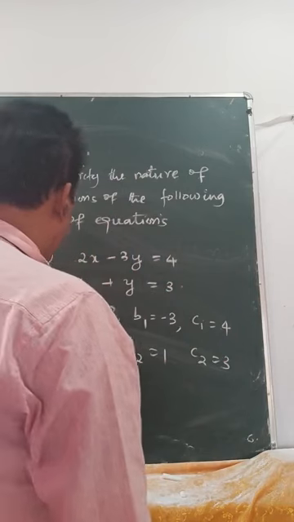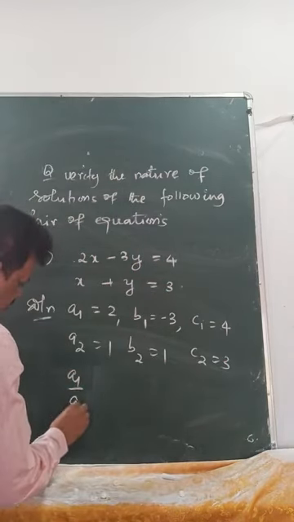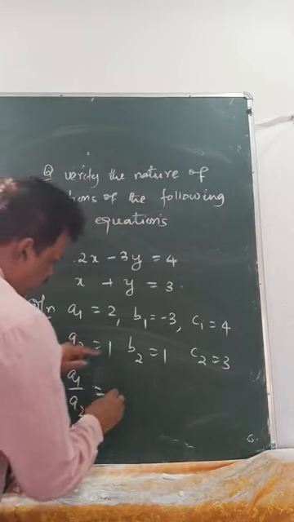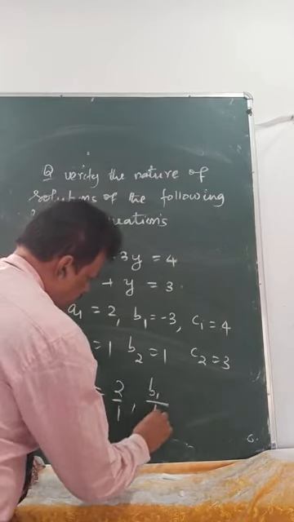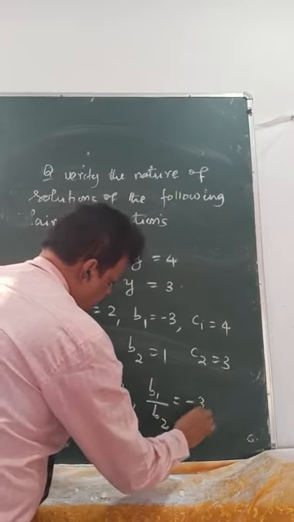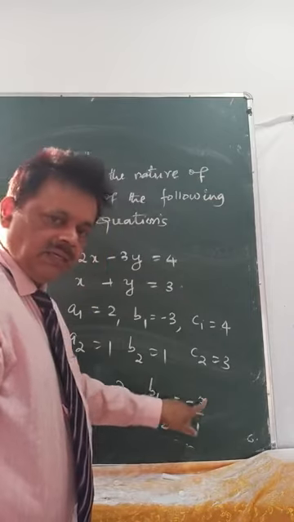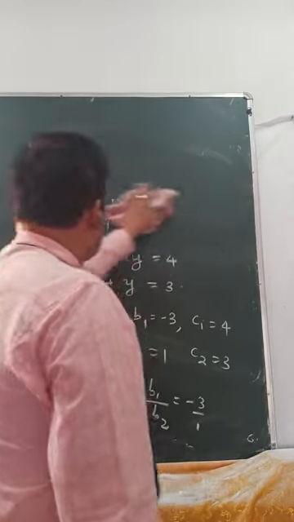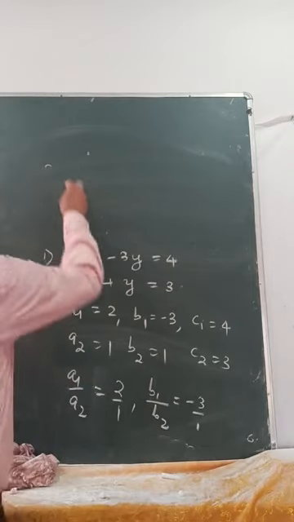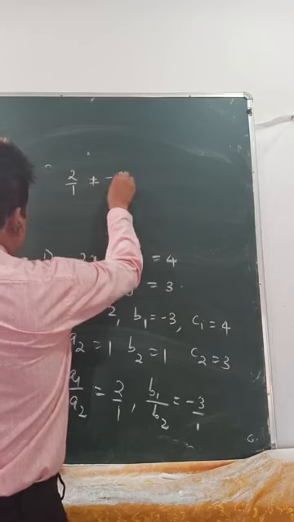So what do you get from here? Now what is a1 by a2? This is 2 by 1. What is b1 by b2? Minus 3 by 1. So look at here, 2 by 1 is not equal to minus 3 by 1.